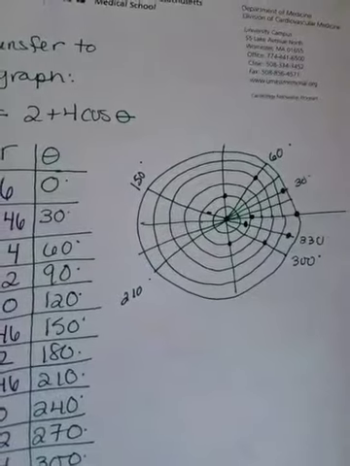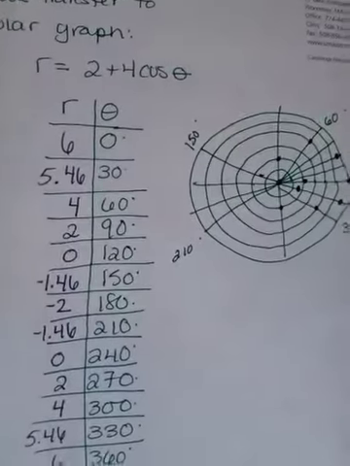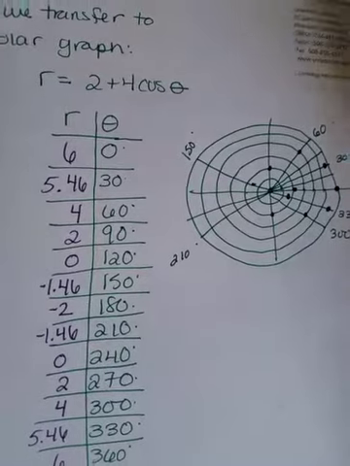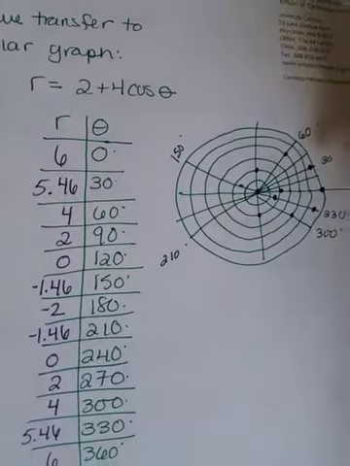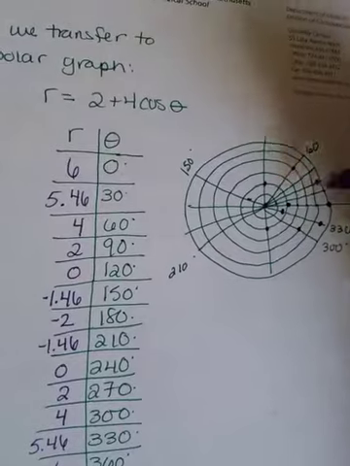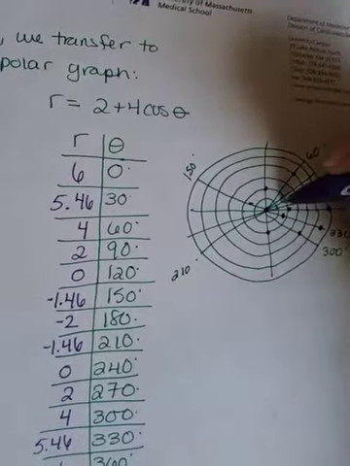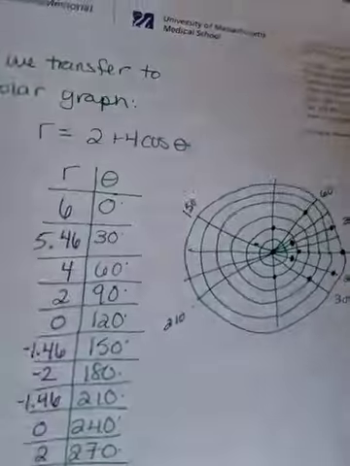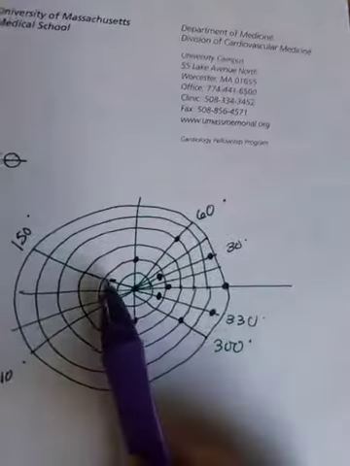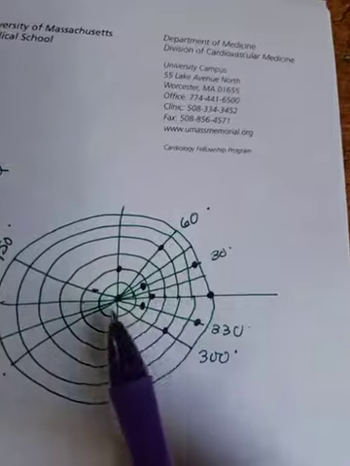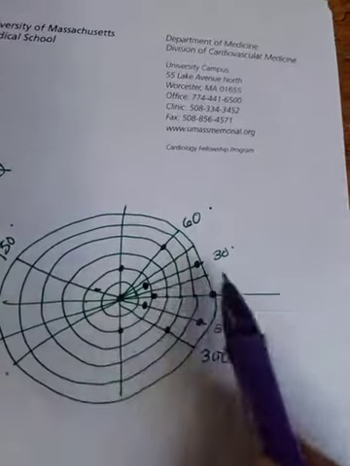And then your last one that I need is the 210 with an R of negative 1.46. So that's going to end up on your 30-degree one. And what was it at? 1.46? Something like that. Okay, remember this dot here is not part of it. That was me talking. So we see we have the shape, and again, in my next video, I'm going to actually tell you the names of all these things.